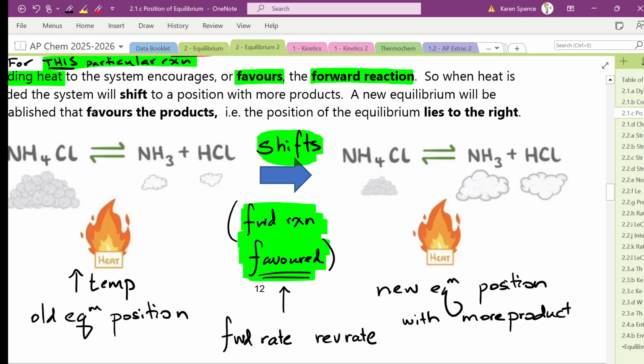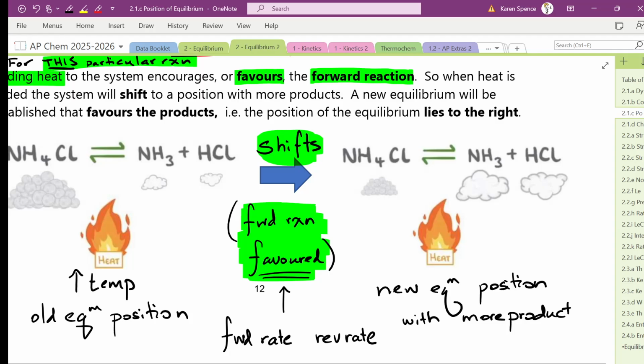The forward one has to be faster because we are ending up with more product, which means this direction is going faster, so we're ending up with more of this, and we're using up less of it, so we end up with more product. Okay?